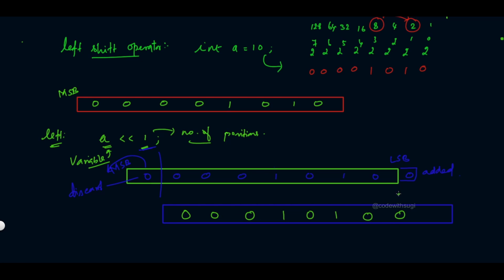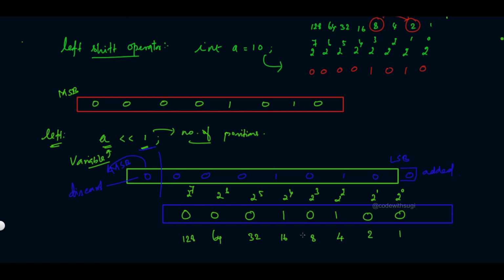And this is 2 power 0, this is 2 power 1, this is 2 power 2, this is 2 power 3, this is 2 power 4, this is 2 power 5, this is 2 power 6, this is 2 power 7. Okay, and here this is 1, 2, 4, 8, 16, 32, then 64, this is 128.